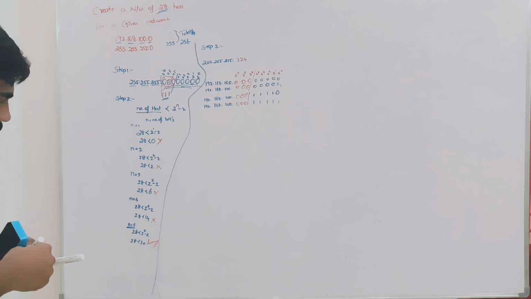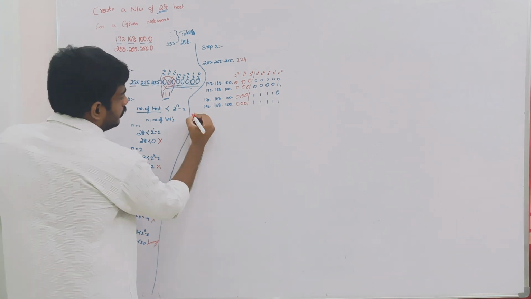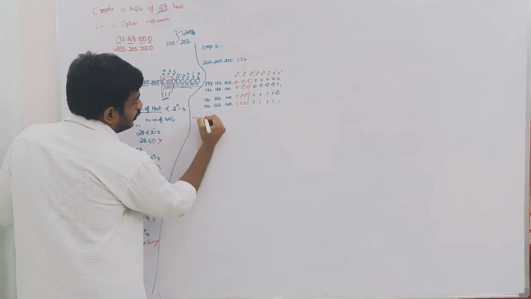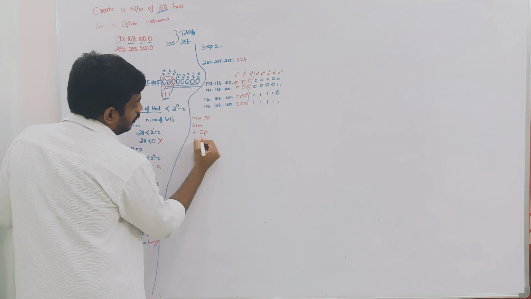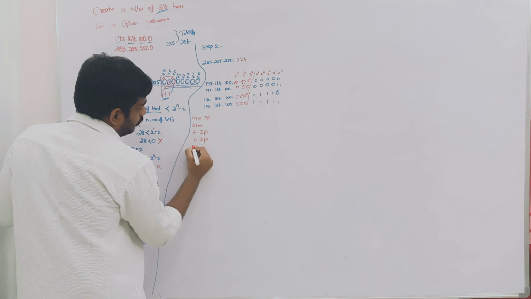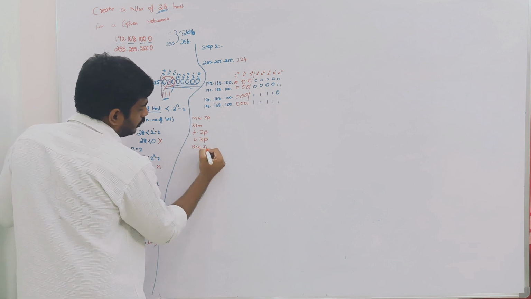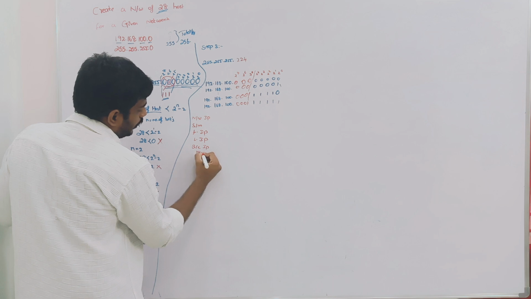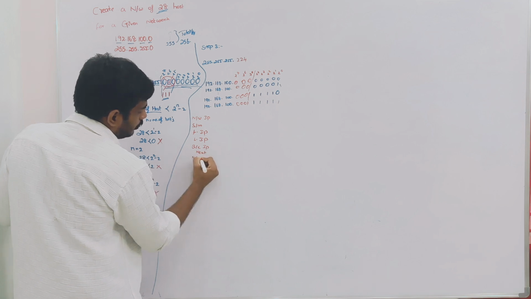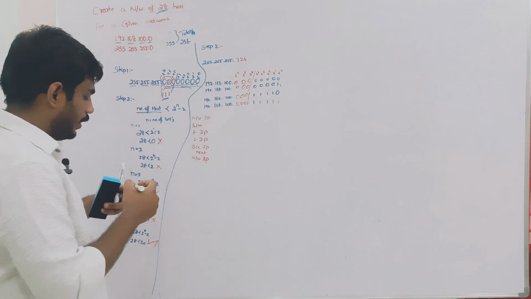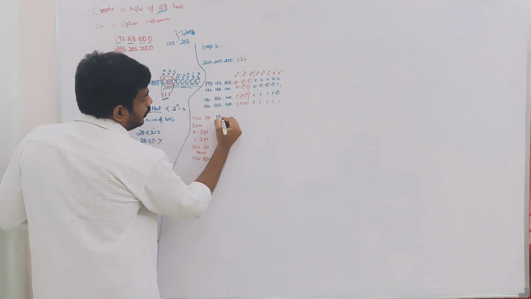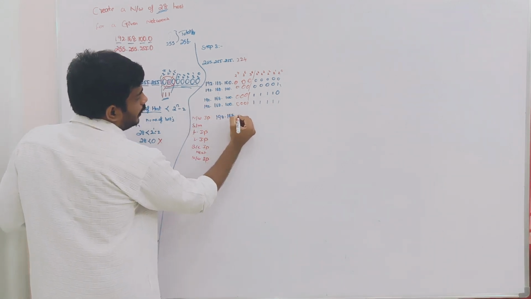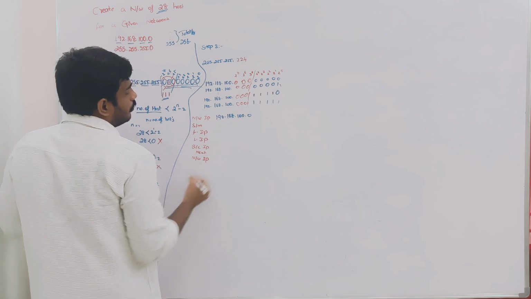Okay, now what are we going to find? The network IP, subnet mask, first IP, last IP, and broadcast IP. So our network IP is now 192.168.100.0.